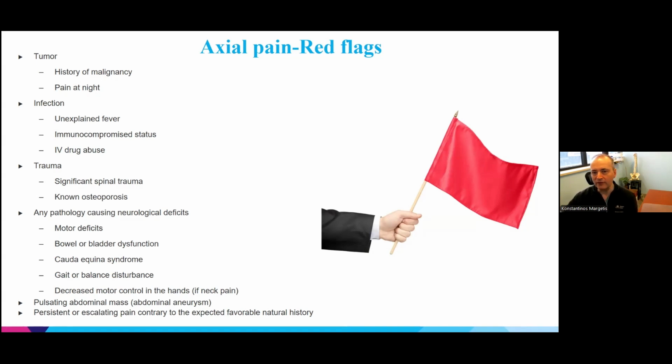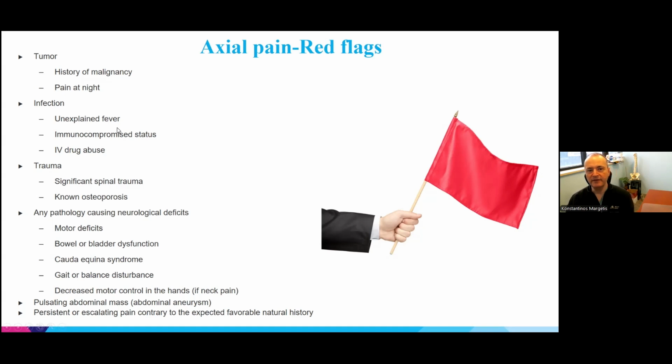And one of the theories is that during sleep and nighttime, the levels of cortisol drop. So the systemic anti-inflammatory effect of the cortisol is reduced at night, and that can allow the pain from the tumor to emerge.